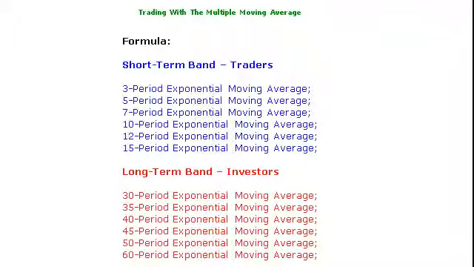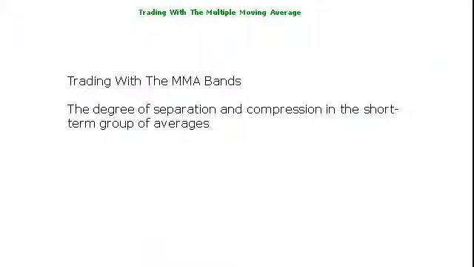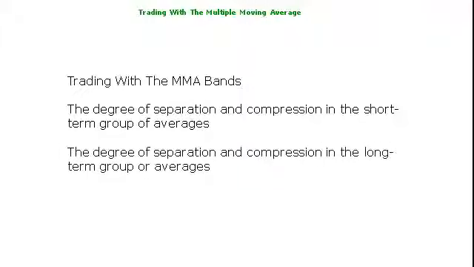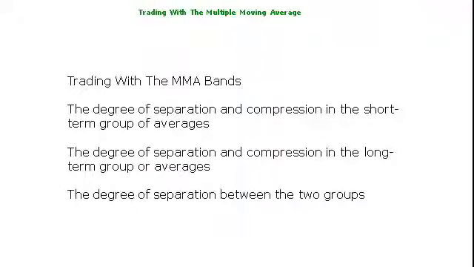Now, to trade with the MMA bands, we're looking for two main things. We're looking for separation and compression in the short-term group of averages, i.e. what the traders are doing, and in the long-term group, what the investors are doing. Finally, we're looking at the degree of separation between the two groups, because when you've got a healthy trend in action, you've got the two groups pretty much separated, as we'll see.